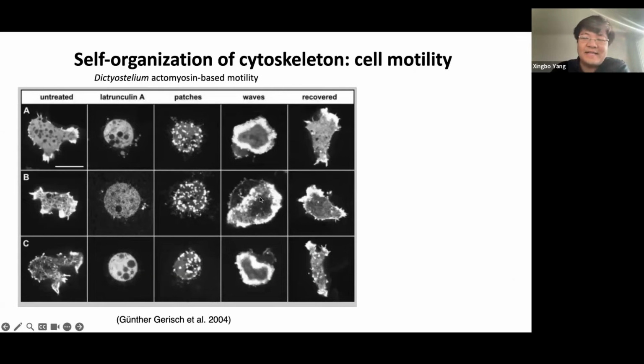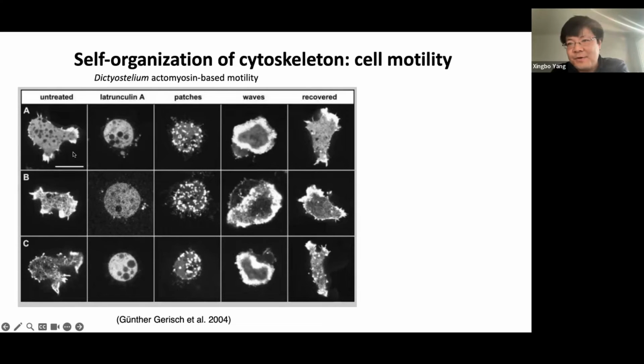Another example here is Dictyostelium, which is a slime mold or amoeba that lives in the soil. These cells are also quite motile. They can move individually, and they can actually form very collective aggregates, showing some very interesting social collective behaviors of these organisms.